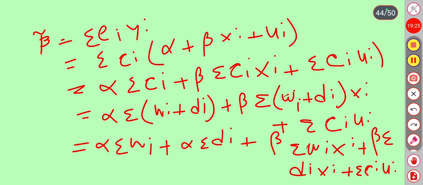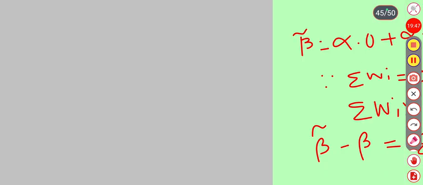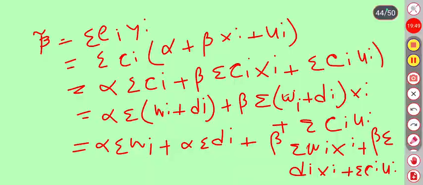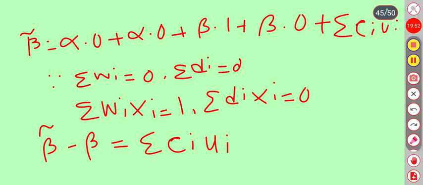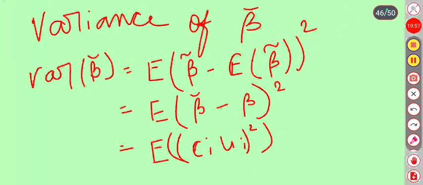But we know that summation wi is equal to 0, summation di is equal to 0, summation wi xi equals 1, summation xi di equals 0, and the remaining value is summation ci ui. So ultimately beta tilde is equal to beta plus summation ci ui, and beta tilde minus beta is equal to summation ci ui.